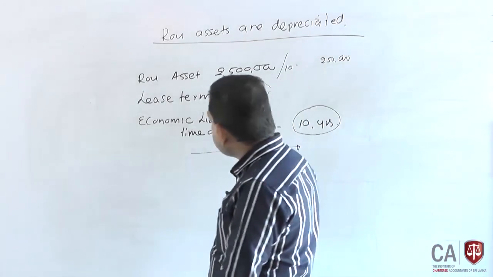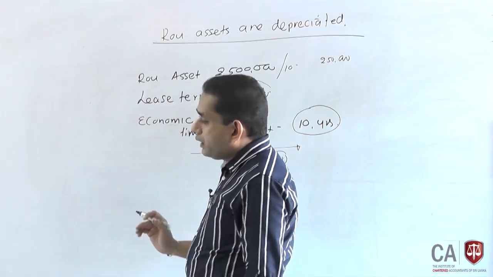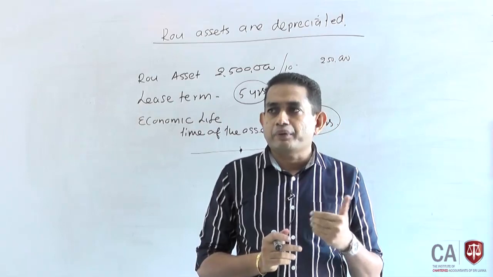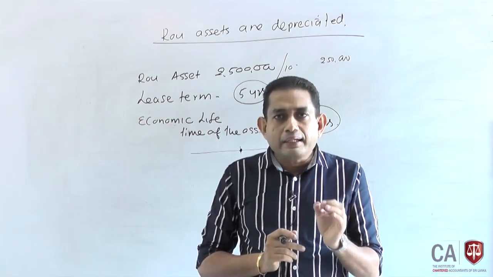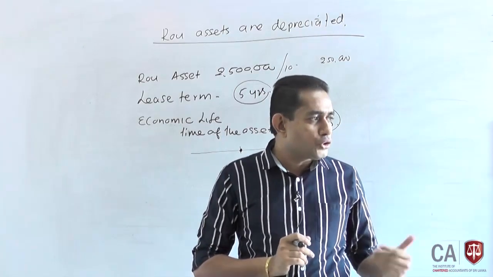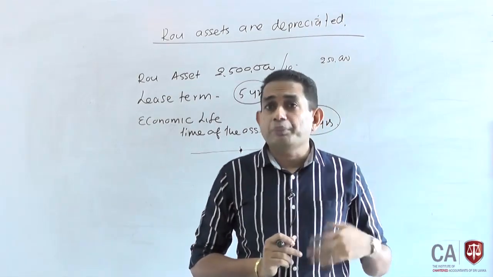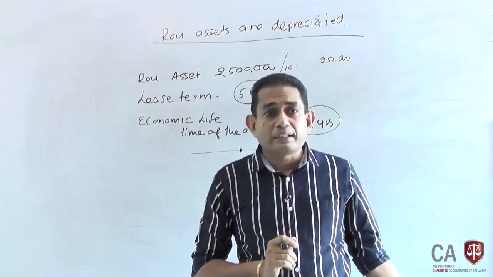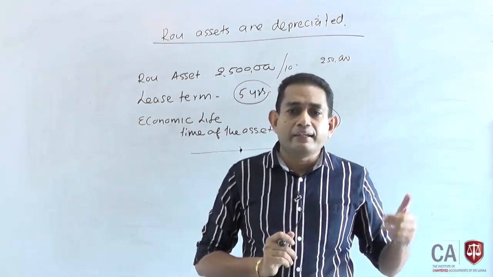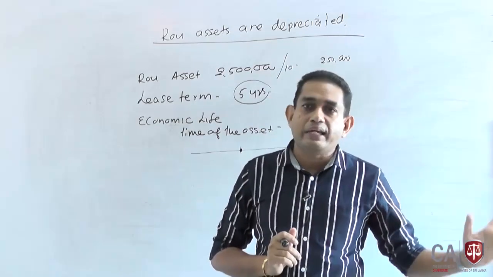And also, the lease agreement may explicitly provide that the legal title of the asset passes to the lessee at the end of the lease. That is also possible. Without a purchase option being granted to the lessee, the lease agreement explicitly provides that the legal title passes to the lessee at the end of the lease term.